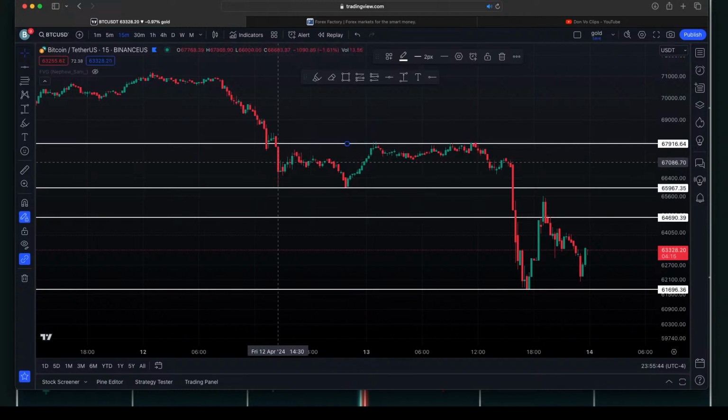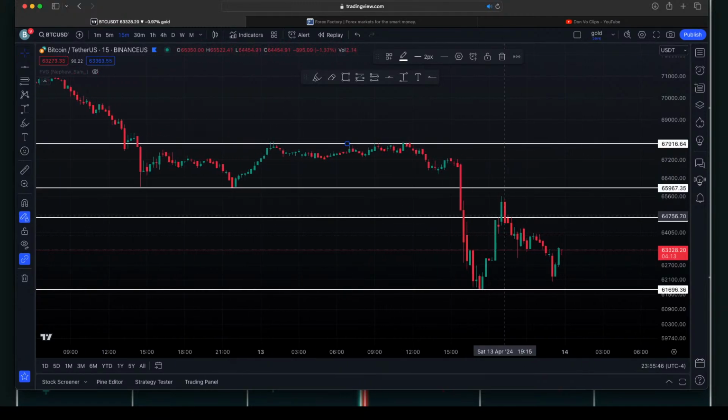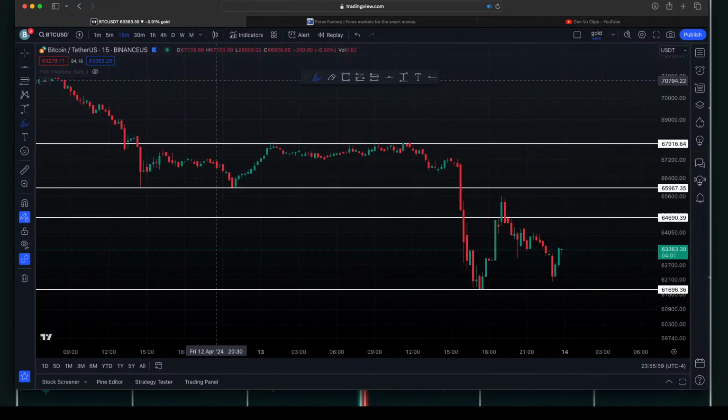Go down to 15, same idea. It looks like a fake out because we do have a resistance here, and then we do have a break, and the next candle right after comes right back into the range. So that usually signals a fake out.